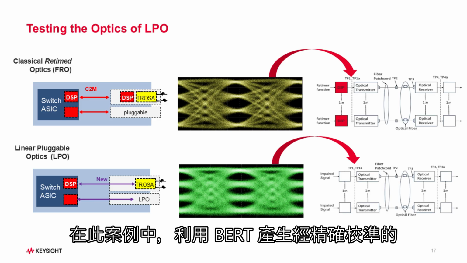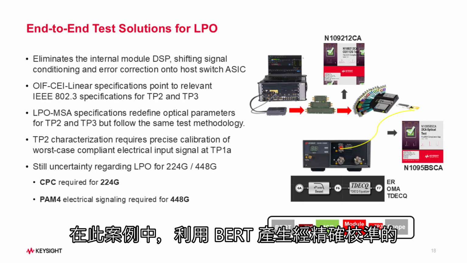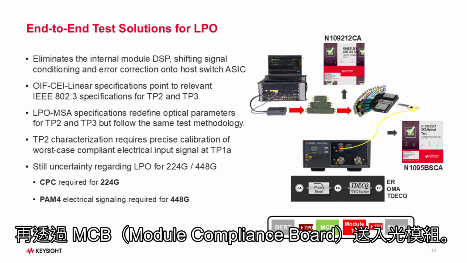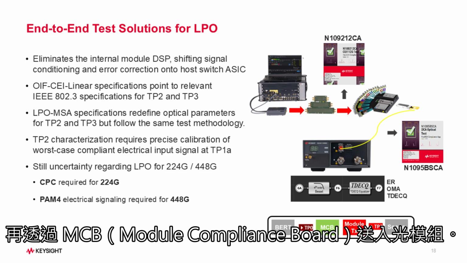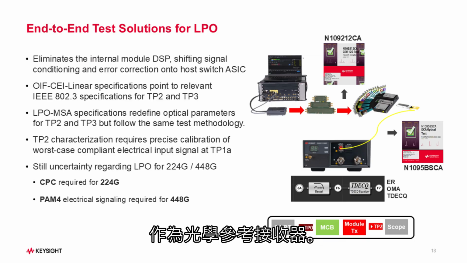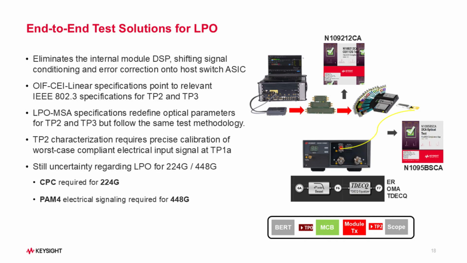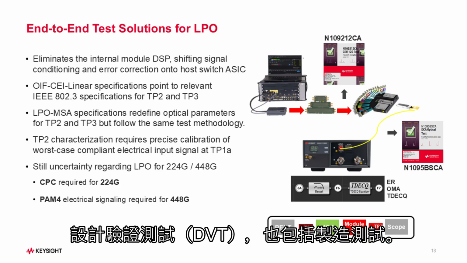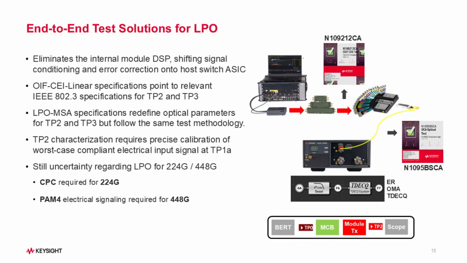In this case, the BERT is used to generate the precisely calibrated electrical input signal, which is then fed to the module through an MCB, or a module compliance board. The optical module output is then connected to a scope, which acts as an optical reference receiver. In this case, the added test complexity is not only to design and validation tests, but also to manufacturing tests.